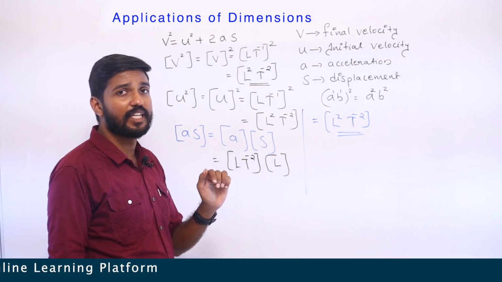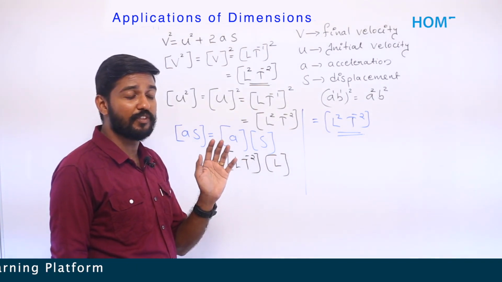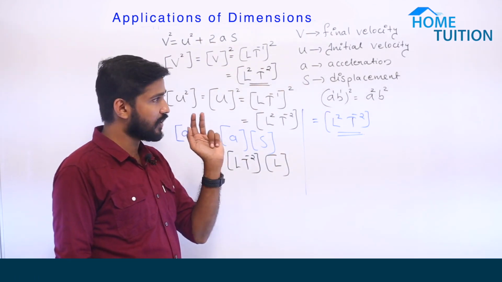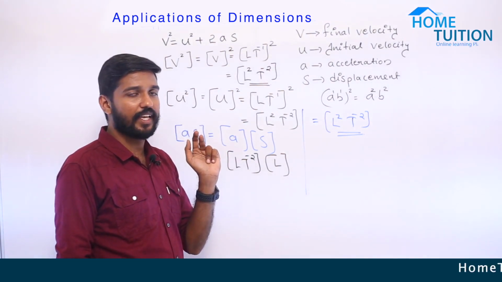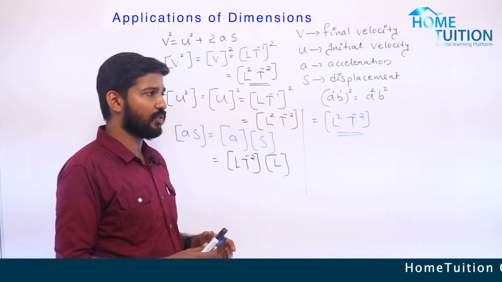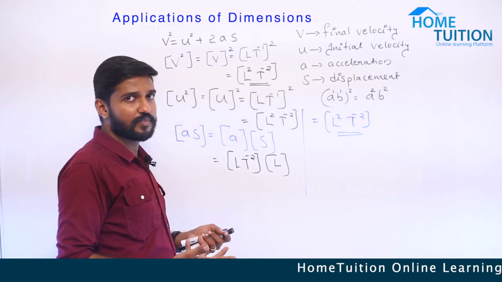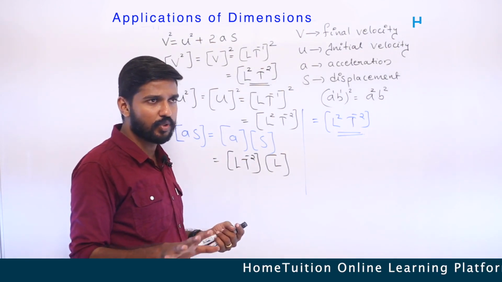What is the dimension of V square? L square t raised to minus 2. Then U square, L square t raised to minus 2. Again 2As or As, L square t raised to minus 2. You can write either As or 2As, both are the same.